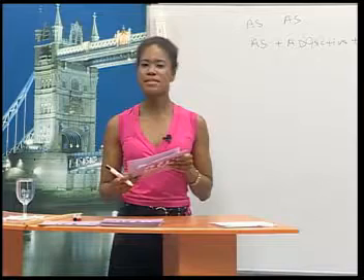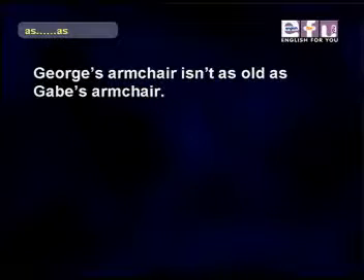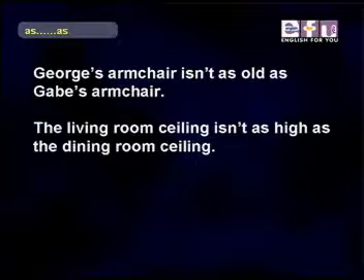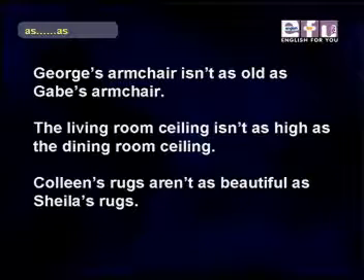Take a look at these sentences. George's armchair isn't as old as Gabe's armchair. The living room ceiling isn't as high as the dining room ceiling. Next example. Colleen's rugs aren't as beautiful as Sheila's rugs.